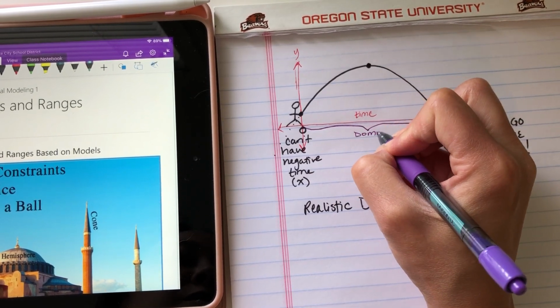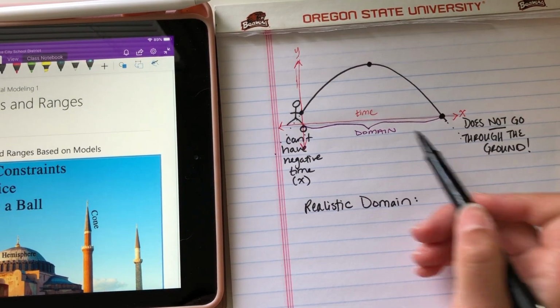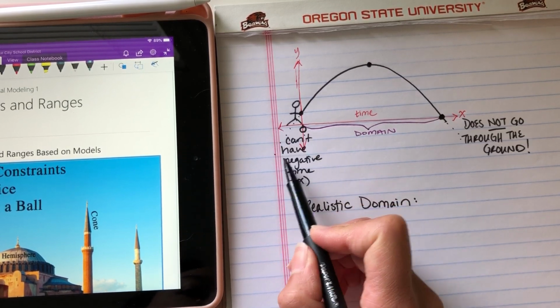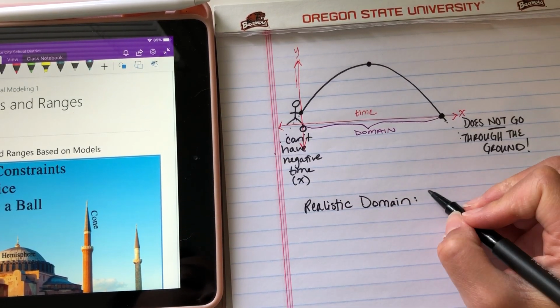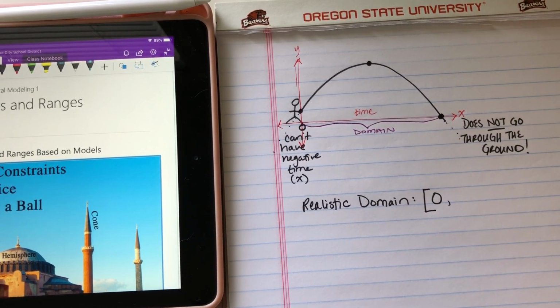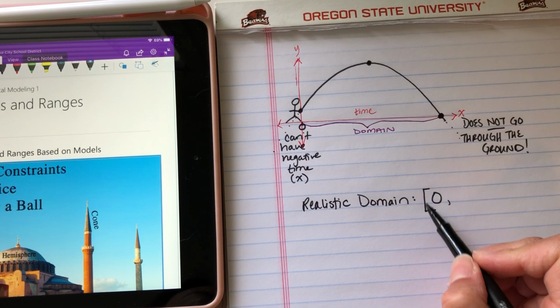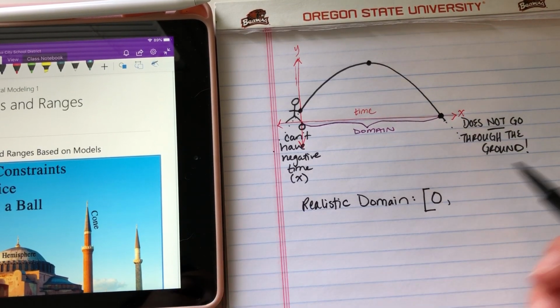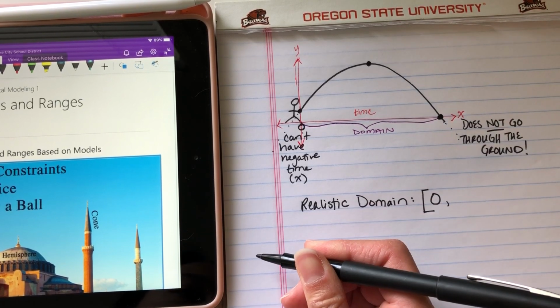So this is my realistic domain. So as we see, my realistic domain can never have a negative. It can never have negative time. So my realistic domain is always going to start at 0, no matter what. And it's going to be a closed bracket because it does indeed exist at 0. It just can't be negative.